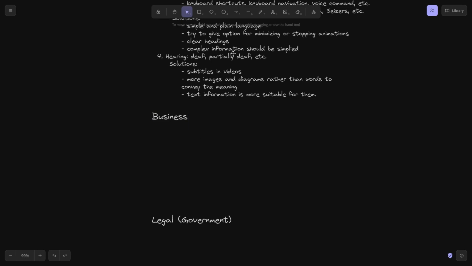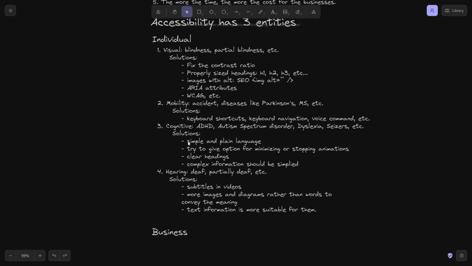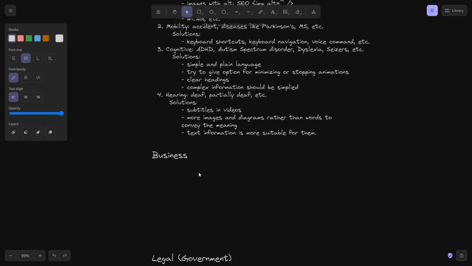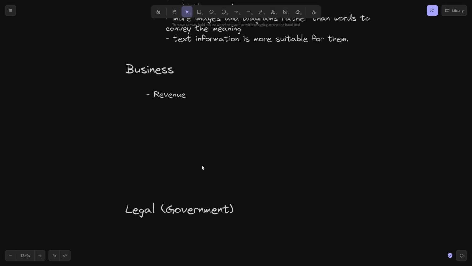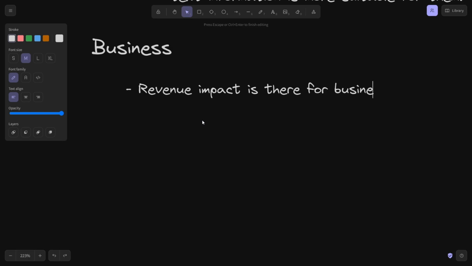You see, businesses by their own accord will do this only if they have the incentive of generating revenue. Okay, I think this should be enough. Revenue impact is there for businesses if they do not have accessibility.